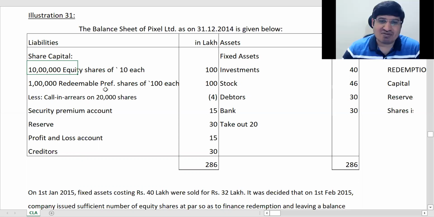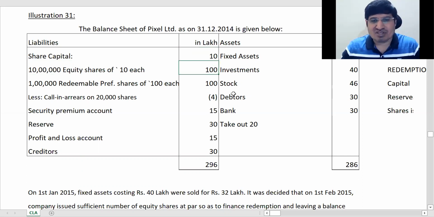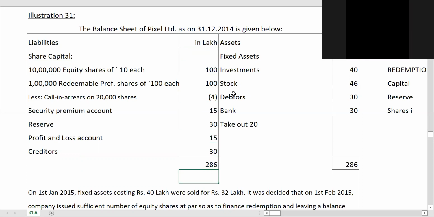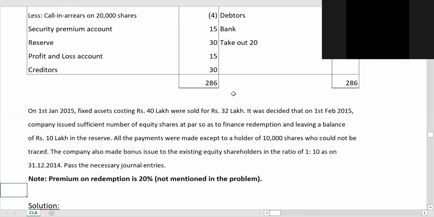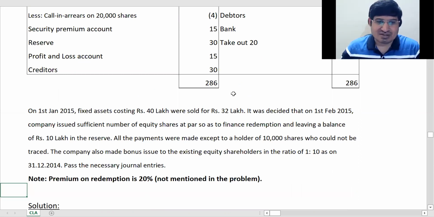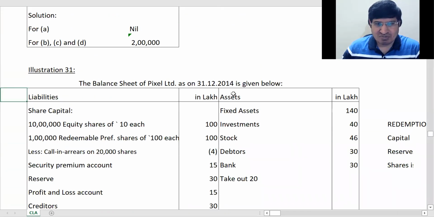So 1 lakh equity shares will be issued, so I can say the amount will be 10 lakh. 10 lakh will be the amount of bonus shares, right? Yes, sir. Chalo. So now let us go ahead with our entries one by one. Did I miss any premium here?